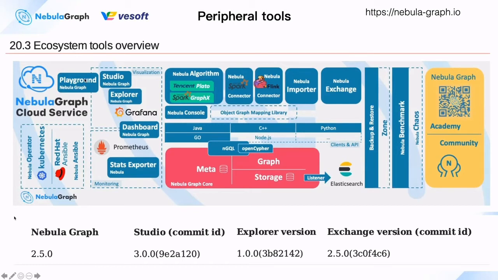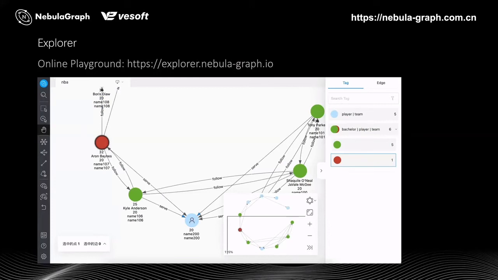So I will give a brief review of the Explorer, the new tooling. You can also play. We have a playground similar to the other playground, but that's based on Studio. You can play with the Explorer here. So now we introduce some next level abilities for the user to explore the graph.